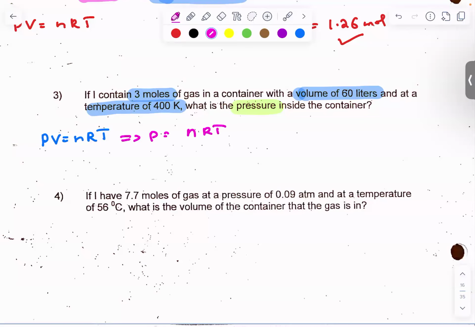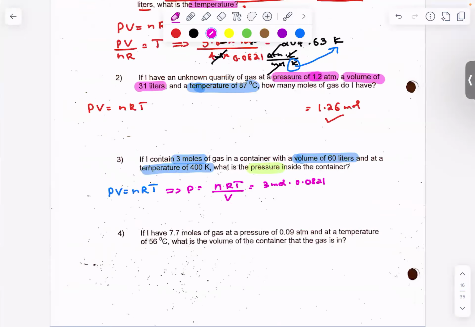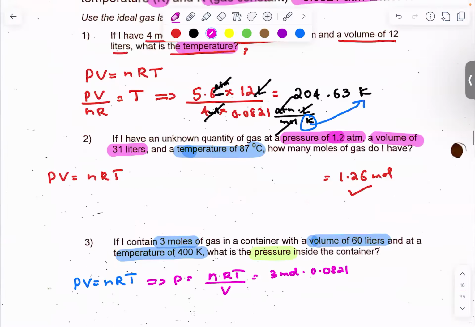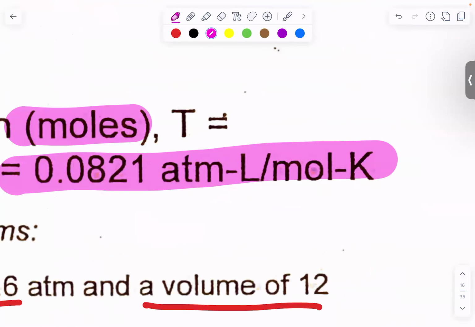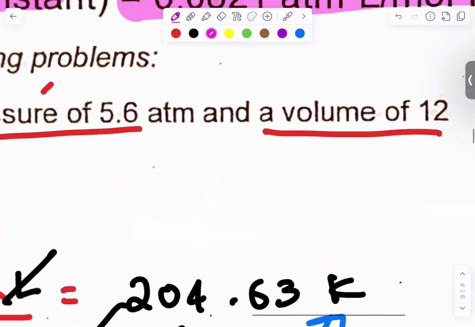Very well done. That would be 3 times, no, 0.0821 sweetheart, write 3 moles times. What unit is the gas constant in? Here it is. ATM dash liter over mole dash Kelvin.